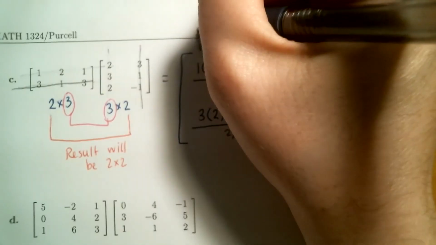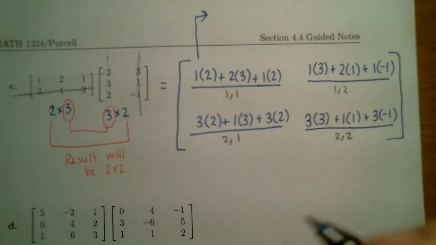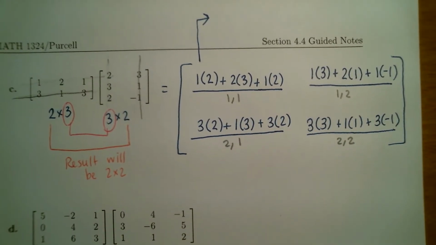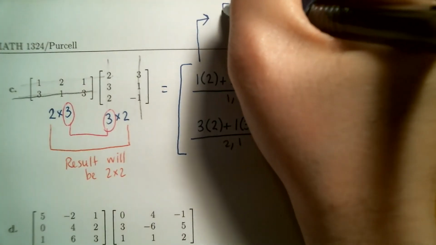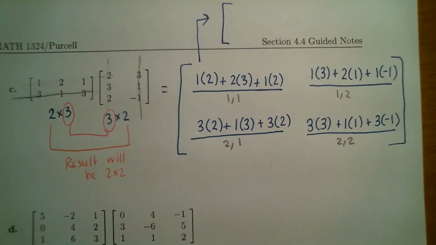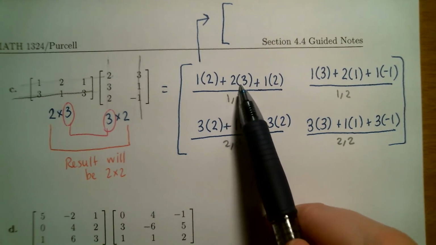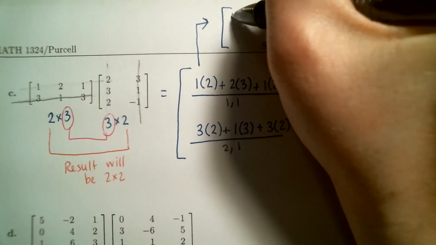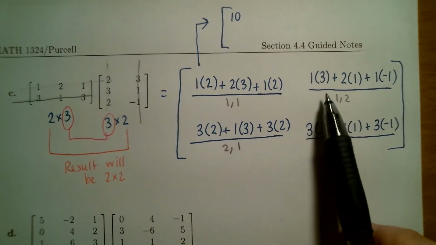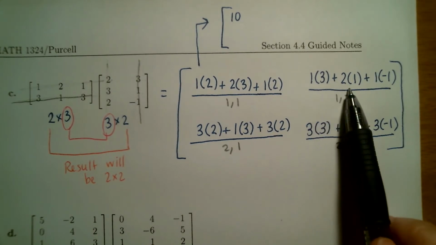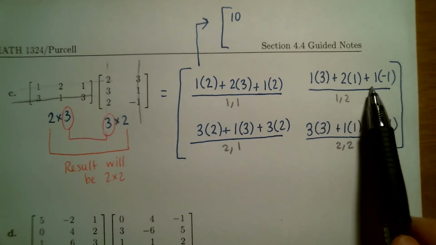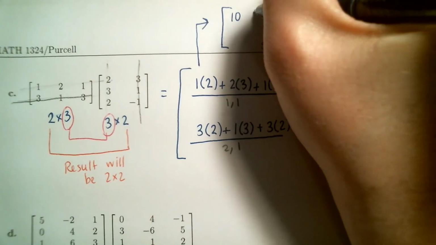I'm going to write the answer up here, because I'm going to save some room for the next one down here. So my final answer is going to be what? This is going to be 2 plus 6 is 8 plus 2 is 10. Right here, this is 3 plus 2 is 5 plus a negative 1 is positive 4.